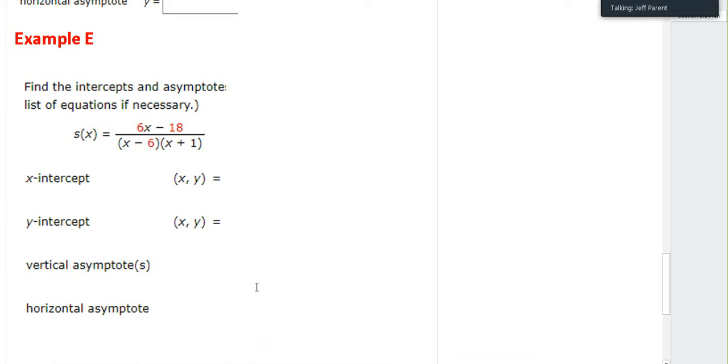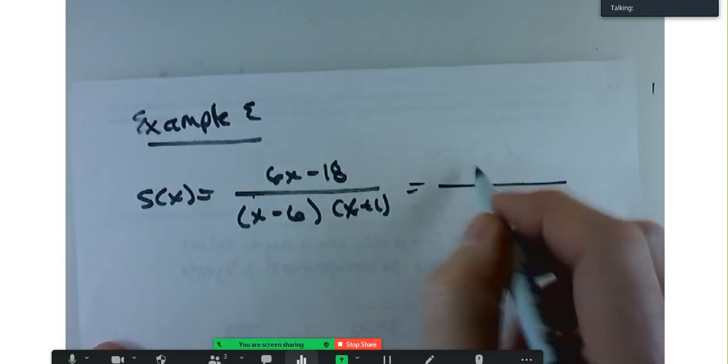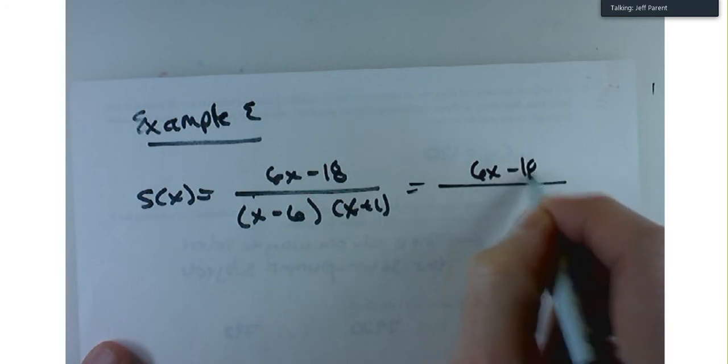What would be the horizontal asymptote? While you're thinking about that, I'm going to write this down. So this is example E here, S of x. Let me give you a little bit of a hint in this regard. You know what? We haven't done one like this, so my bad. It wasn't necessarily a fair question.